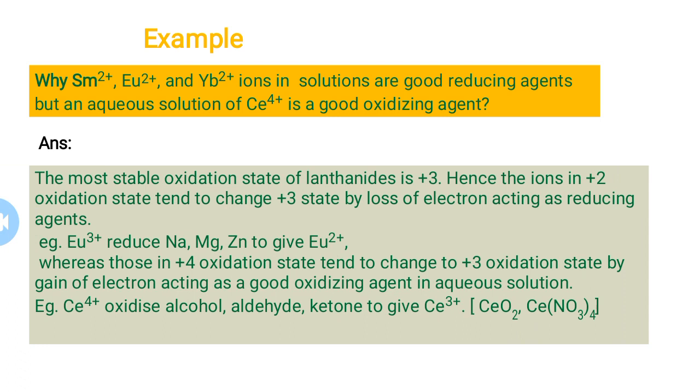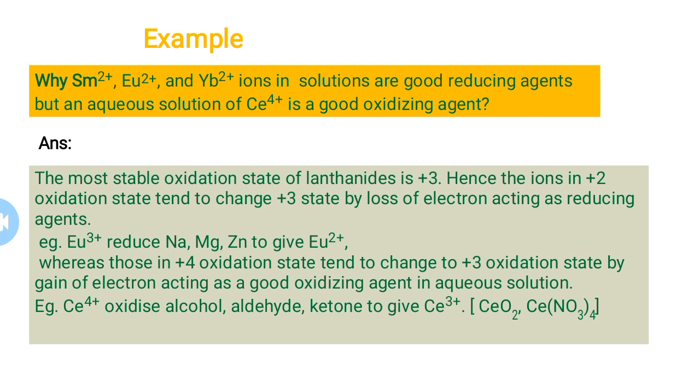They lose one electron and act as reducing agents because +3 is more stable than +2. So samarium, europium, ytterbium: europium 3+ is reduced by sodium metal, magnesium metal, zinc metal and gives europium 2+, meaning it acts as a reducing agent.